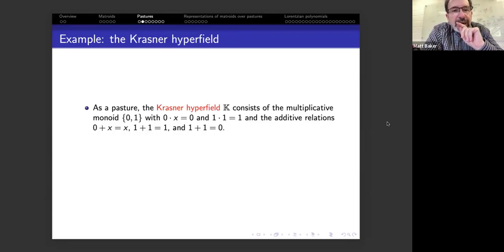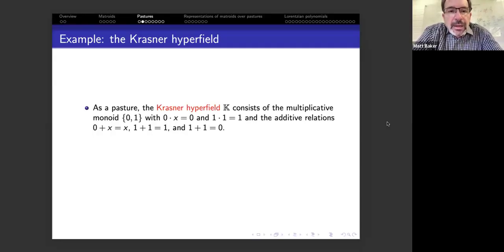So this is what I mean that addition doesn't come from a binary operation. You can't really define 1 plus 1, at least not as an element. If you like, you could say 1 plus 1 is the set consisting of both 0 and 1. And that's the traditional point of view on hyperfields, that you allow addition to be multi-valued.